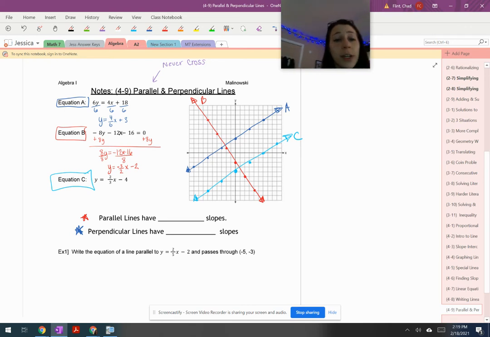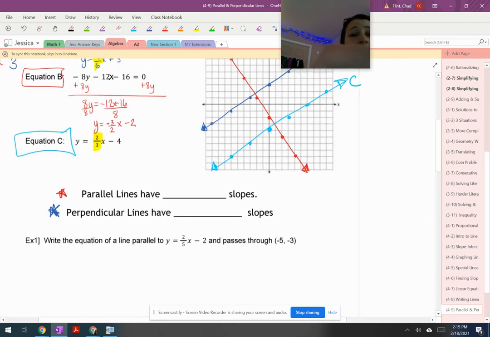Well, the slope of equation A was 4 over 6, which we talked about being able to be simplified to 2/3. And the slope of our equation C was also 2/3, leading us to believe that parallel lines have the same or equal slope.